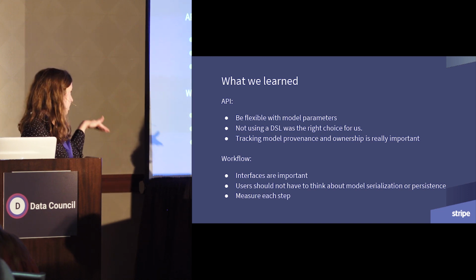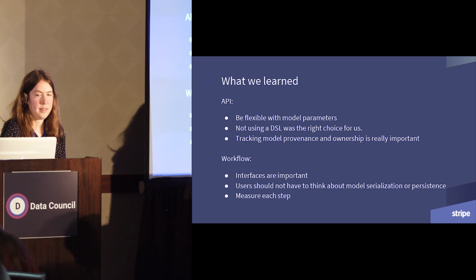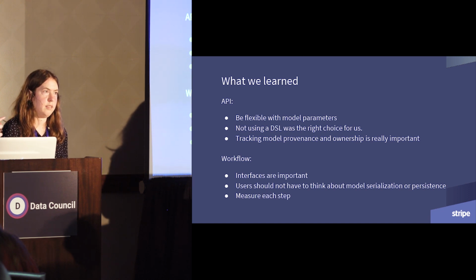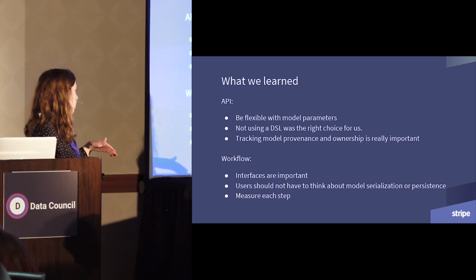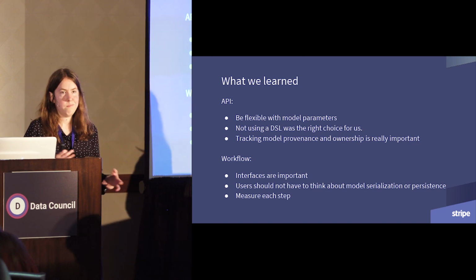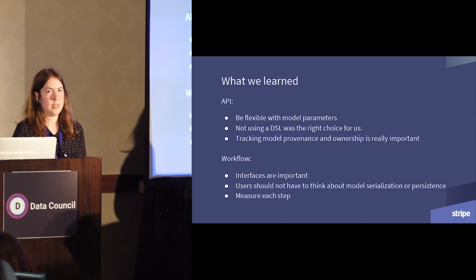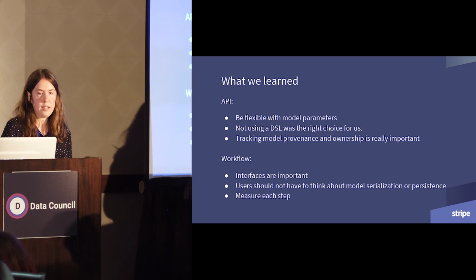And then, like I mentioned, baking in model serialization and persistence was pretty helpful since ML engineers or data scientists really don't want to think about that. They just want to get out a model that can be served. And similarly to tracking model provenance and ownership, measuring each step helps us understand and debug and tell why training a model is taking so long, which inevitably comes up a lot.